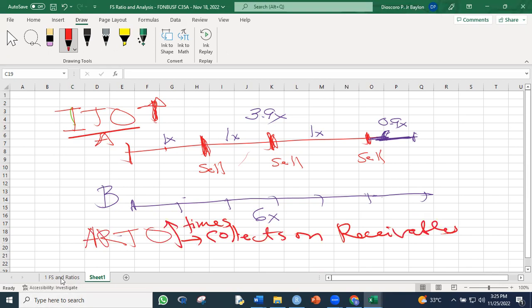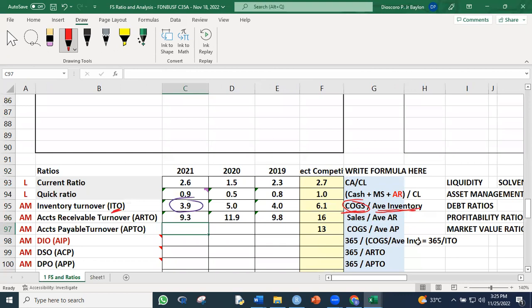Okay, thank you for that question. There's a question here on the ARTO. Let me flash the ARTO. Guys, I appreciate you asking questions. I'm really happy with it, because it means you're interested to know why you're not getting the figures. It's C4. So what's C4?